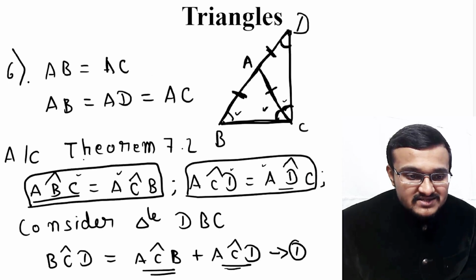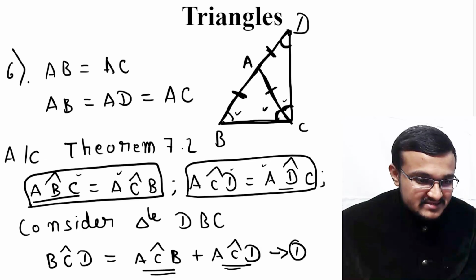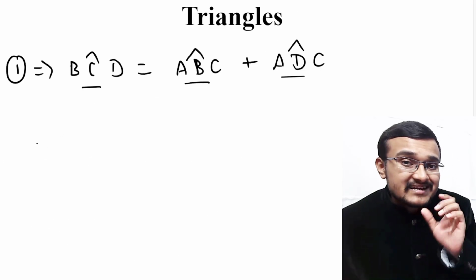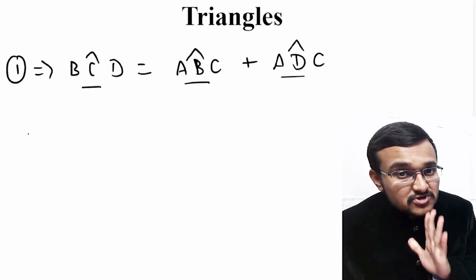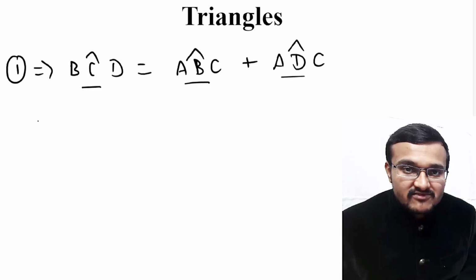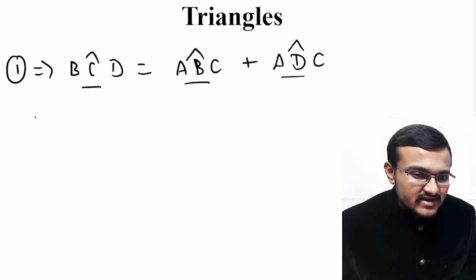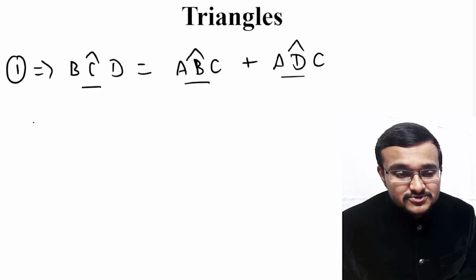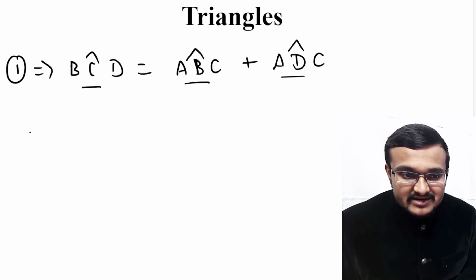Now if you consider this particular triangle DBC, the sum of interior angles of a triangle is always equal to 180 degrees. This you have learnt in 8th standard mathematics. So you can refer to my 8th standard videos also. I have taught all those things in 8th standard mathematics.